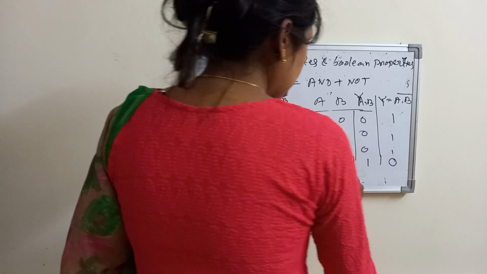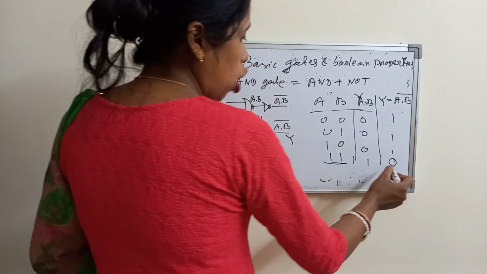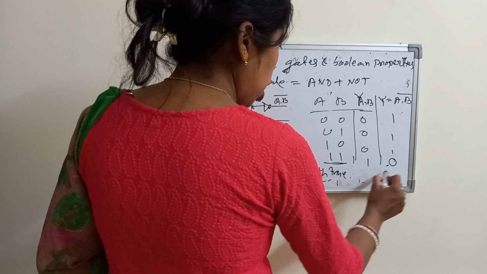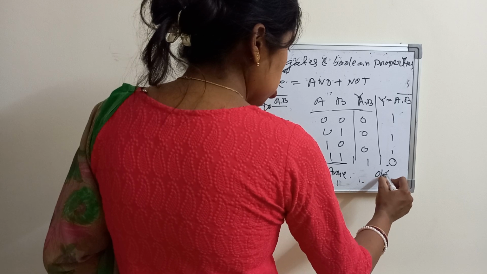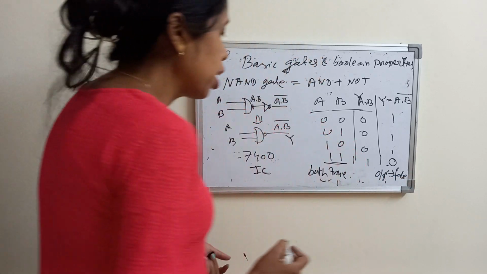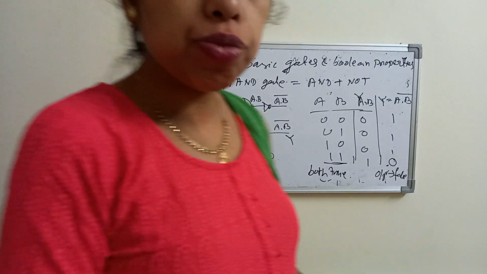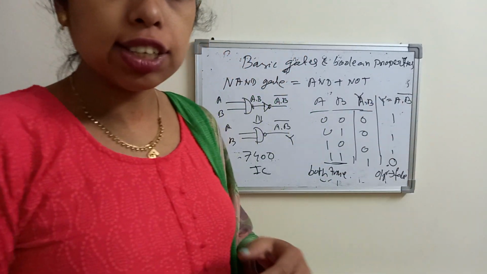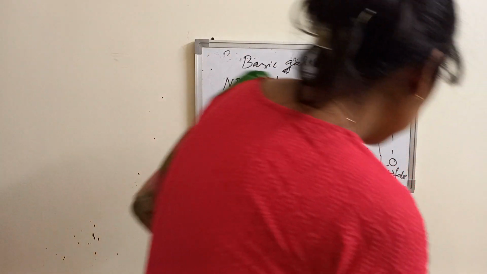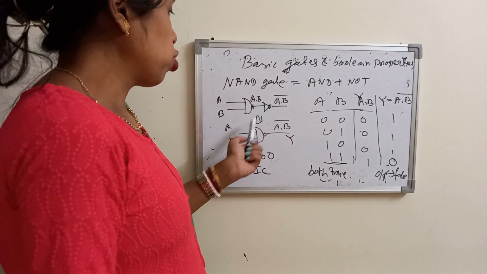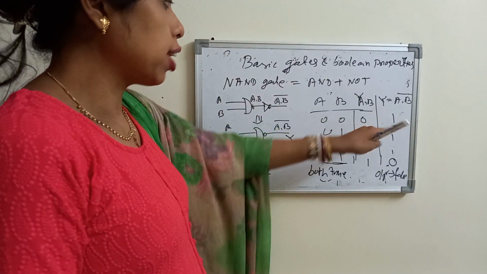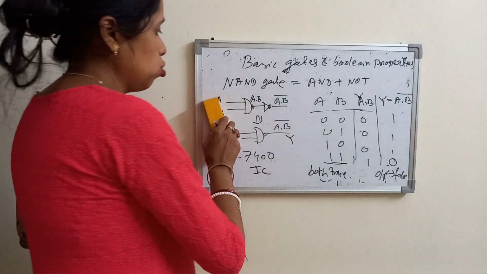So if both the inputs are true, the output will be false. In all other cases, the output will be true for the NAND gate. That is just the complement of the AND gate. If you remember the truth table of the AND gate, you can get the truth table of the NAND gate.